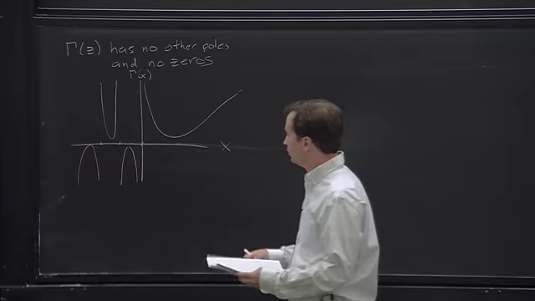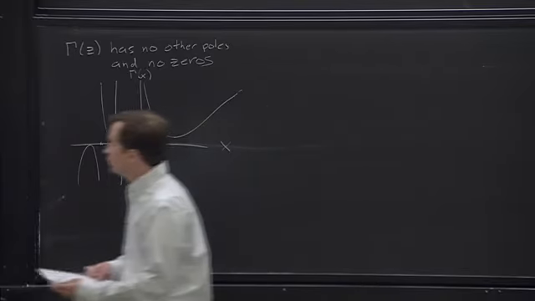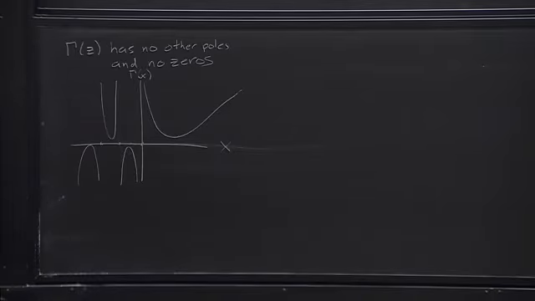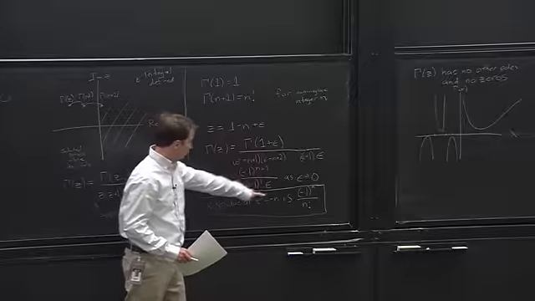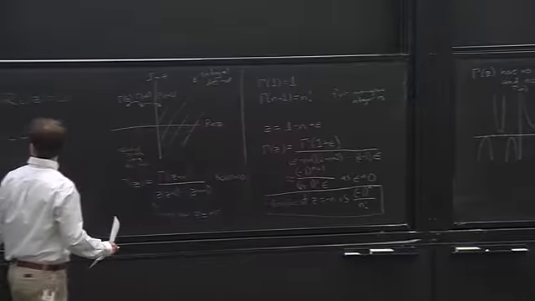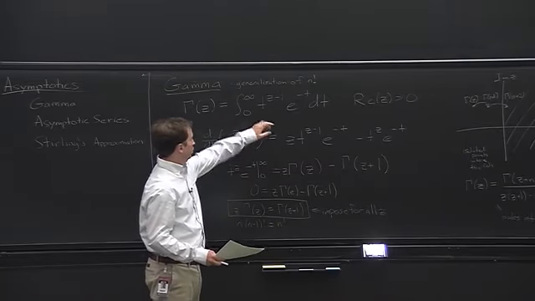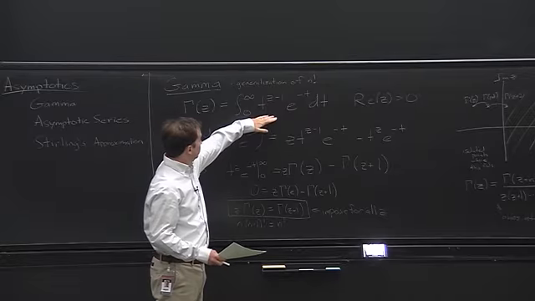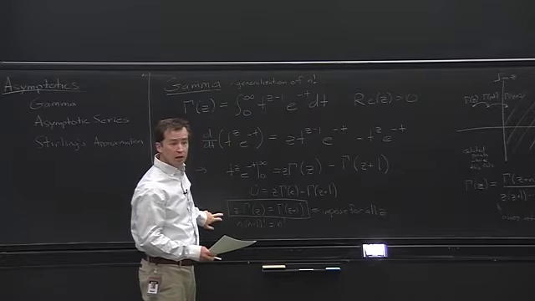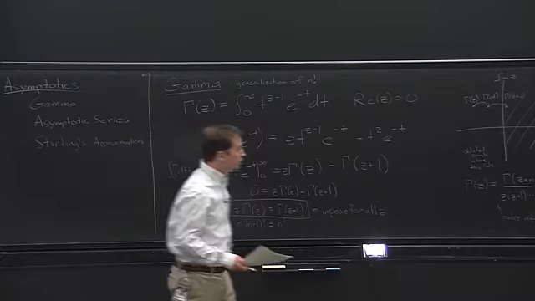Okay. So the takeaway points are there are isolated poles, these residues, and we can define gamma on the entire complex plane via a combination of this integral and this functional equation.